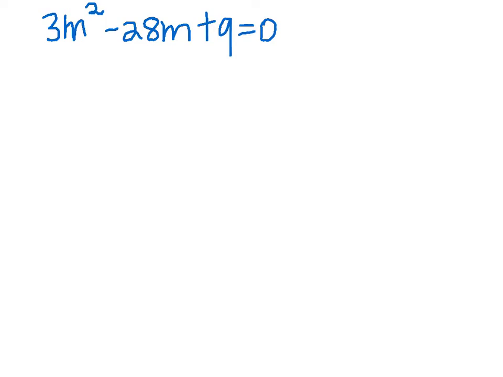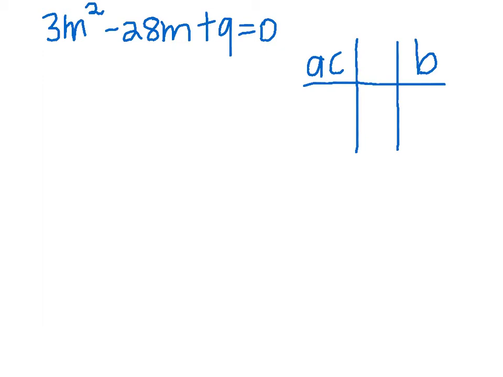Okay, so now we're going to solve this quadratic. And I like to use this method where I've got my AC terms. I'm going to multiply them together and then find out which factor pair is going to add up to give my b value. Now a times c is our 3 times our 9, which is going to be 27.